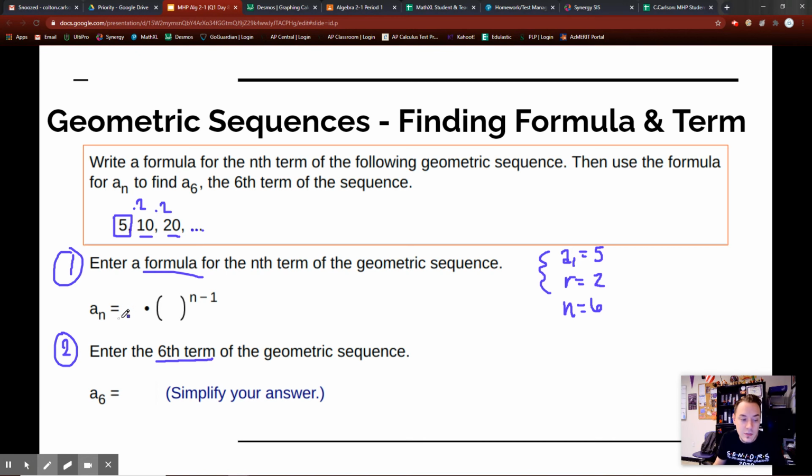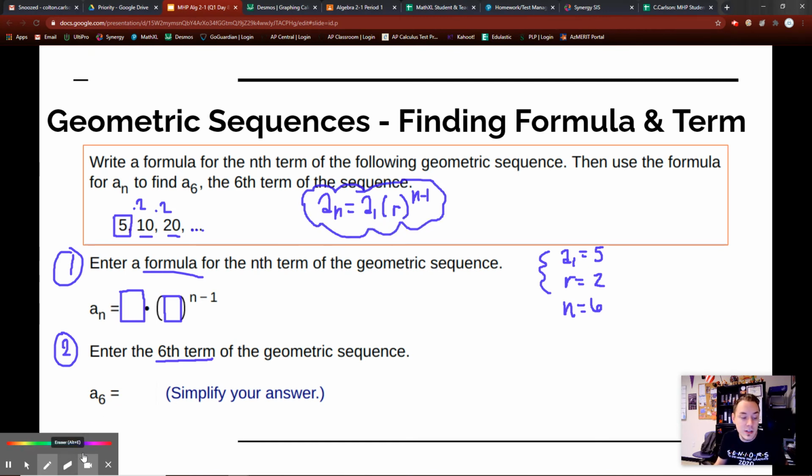They actually kind of will give you a template for your general term formula, and you just really need to plug in these two things. Now again, if you remember, my general explicit formula looks like this, times r to the n minus 1. So this is my actual formula. And what are the things that they actually want you to find?